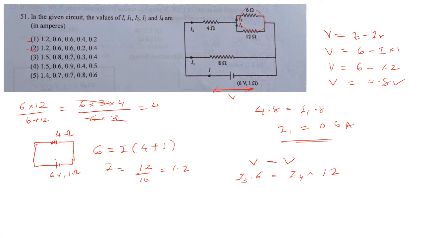Or, if you have good knowledge, we know the I3 to I4 ratio should equal 1 over 6 to 1 over 12.